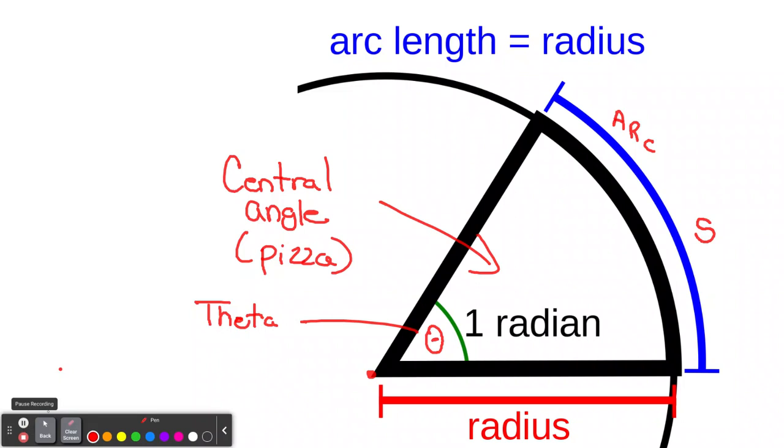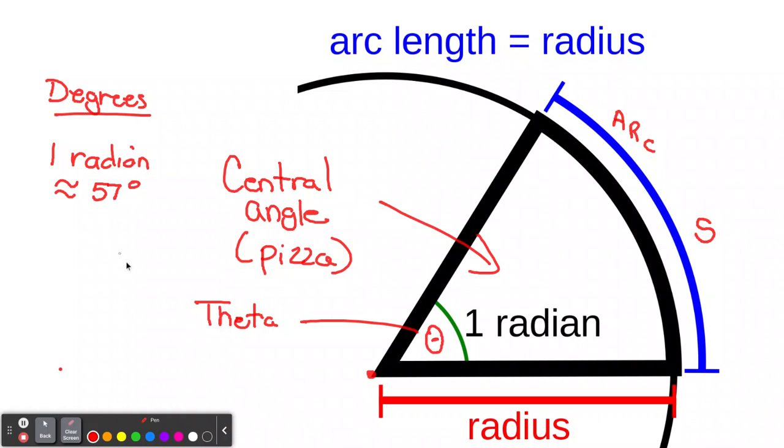Now, of course, when you first started learning about geometry in middle school and early high school, you learned about degrees, right? One radian is about 57 degrees, roughly.